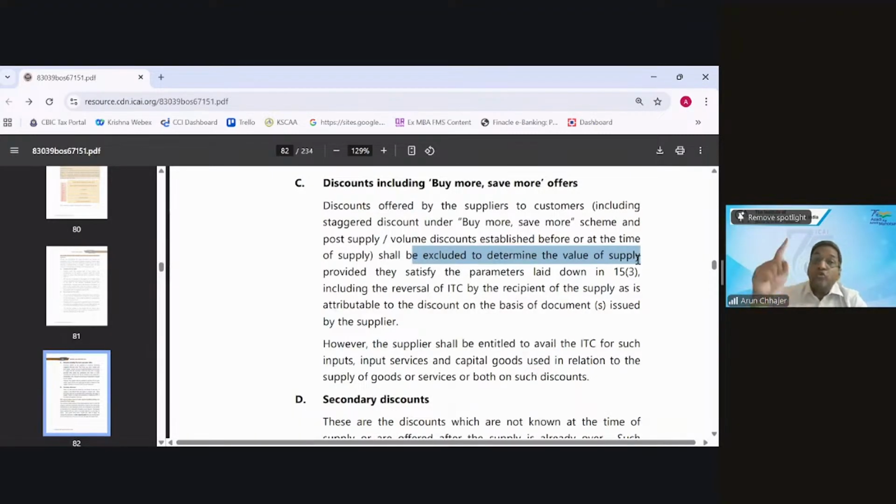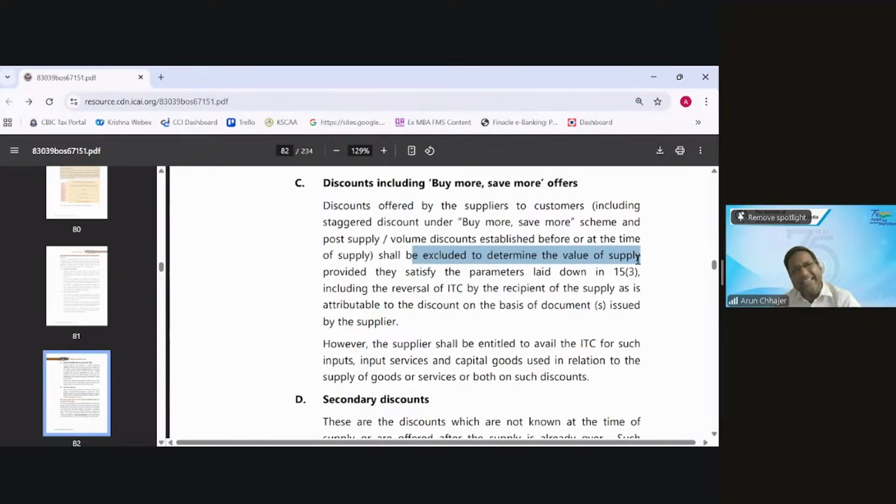If it is a post supply discount, post sale discount, then some additional conditions need to be satisfied. Value of the supply has been completed. Please quickly tell me, if I am giving the post supply discount, what are the additional conditions which need to be satisfied? My God, very nice.